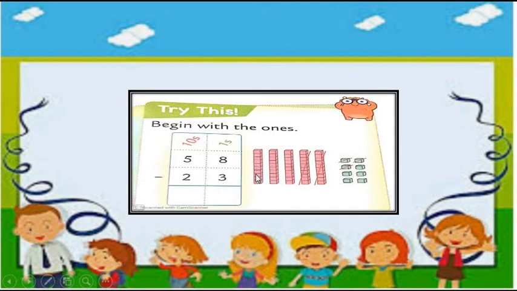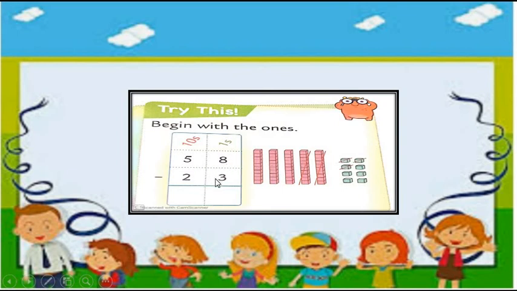So we can say that this is 5 tens. 5 tens means 50. And loose ones: 1, 2, 3, 4, 5, 6, 7 and 8. Means we have 58. First of all, we are going to solve the ones column.